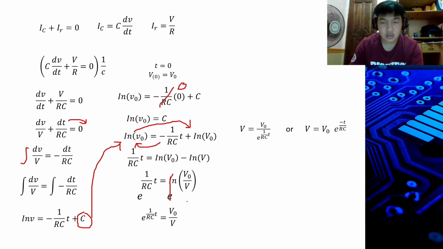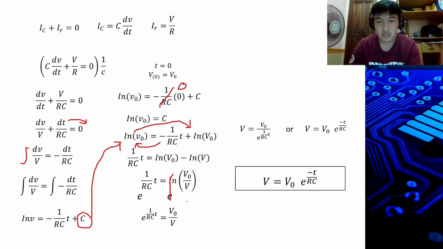So V is equal to V naught over e raised to t over RC, or using a negative exponent, V is equal to V naught e raised to negative t over RC.